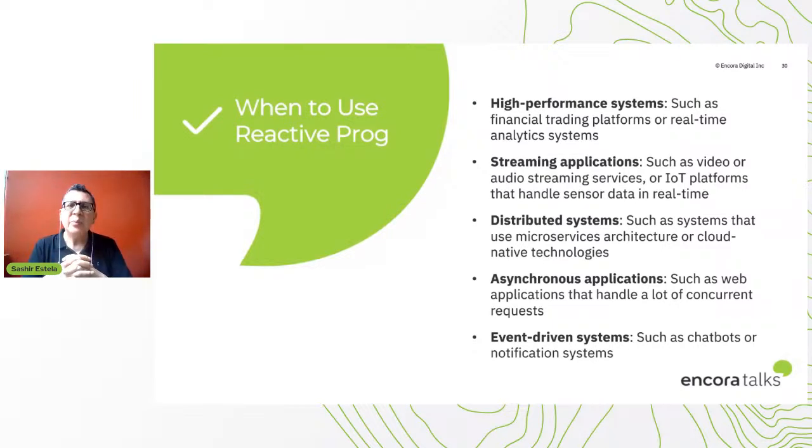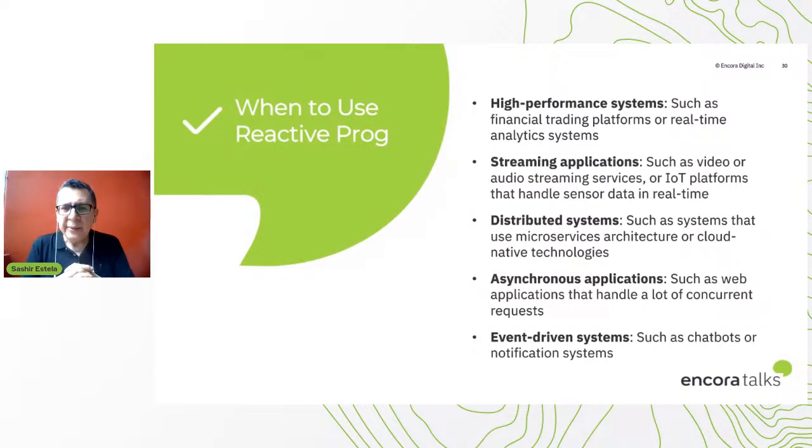As well as streaming applications, I don't know, Netflix, YouTube, or handling sensor data in IoT platforms. We have a lot of information, so that is a really good case too.